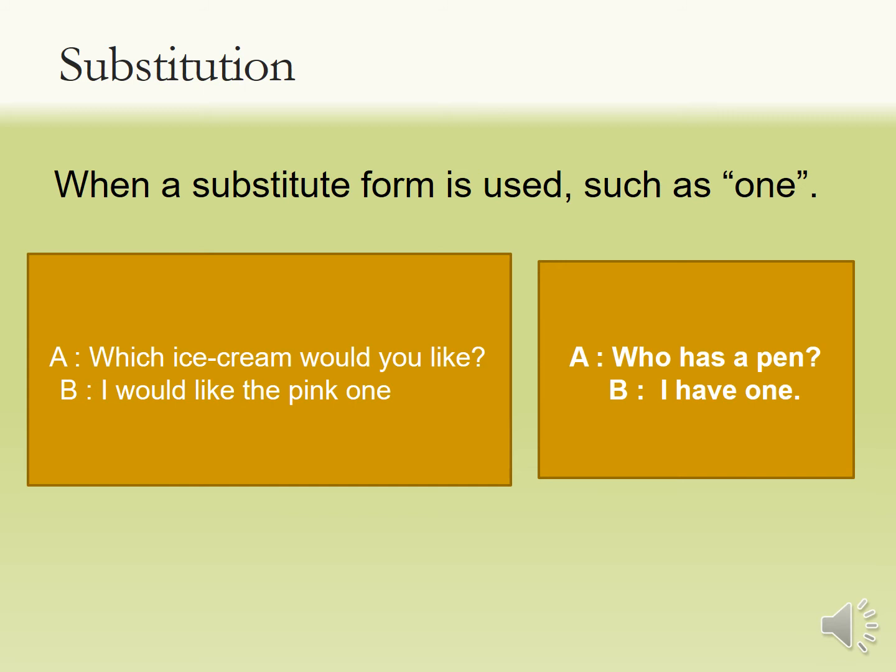Here the substitution of ice cream is being used, just like "one". So again we have another example. Who has a pen? In option B, "I have one", one is substituted for the word pen. So again we can see that substitution is also a part of ellipsis. Sometimes we substitute a word or a phrase with another word or phrase.